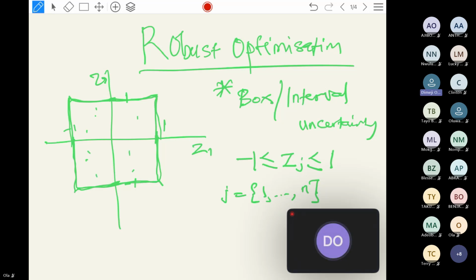It's going to capture it, as against when you just have a one point value for your parameter. Let me draw another graph so that we can understand what I'm saying.